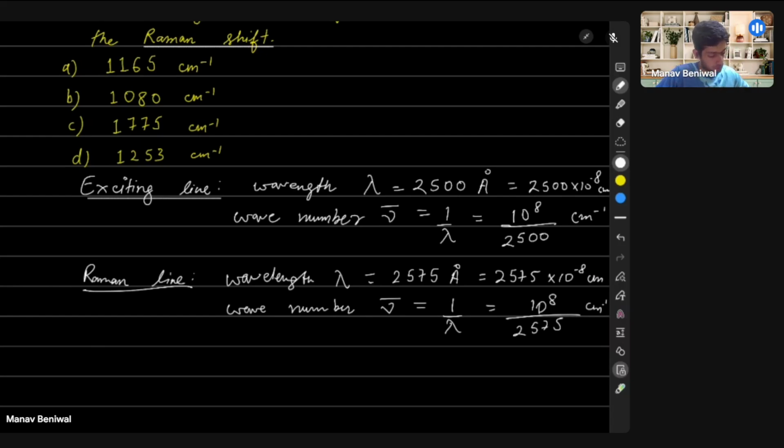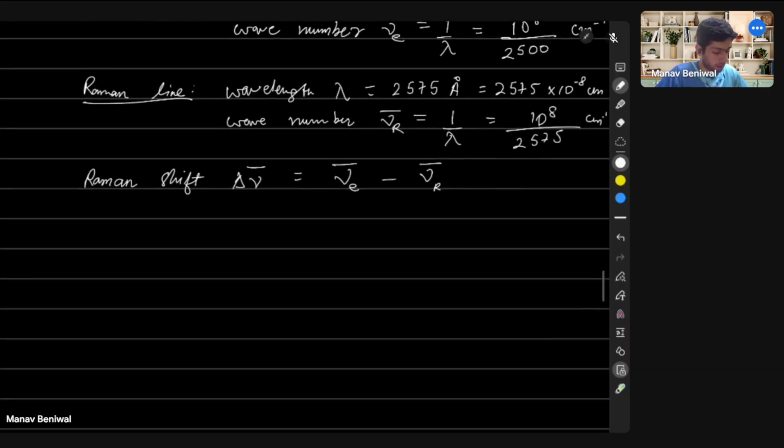Okay, so let's call it E because this is exciting and R because this is Raman. The Raman shift, delta nu bar, will be given by nu bar E minus nu bar R.